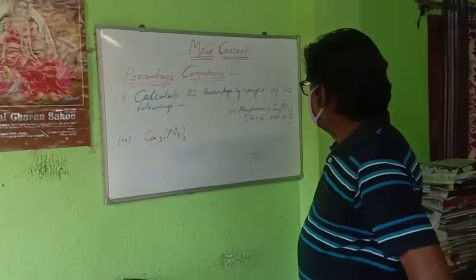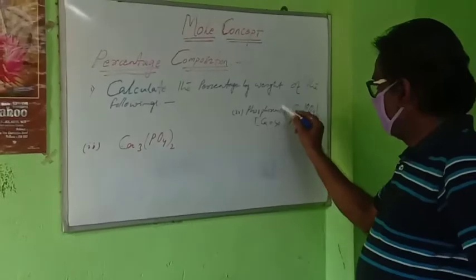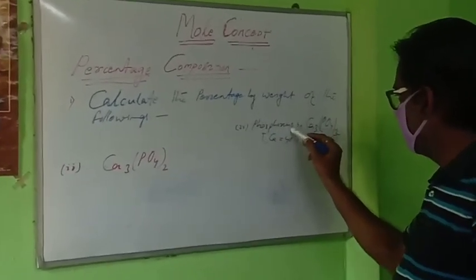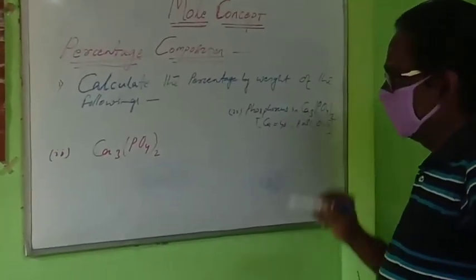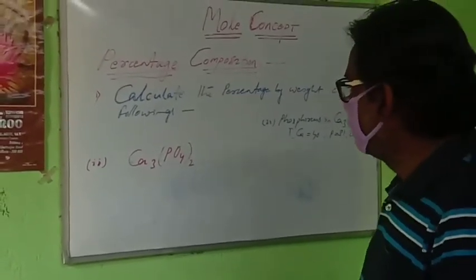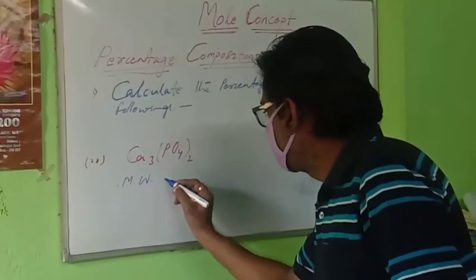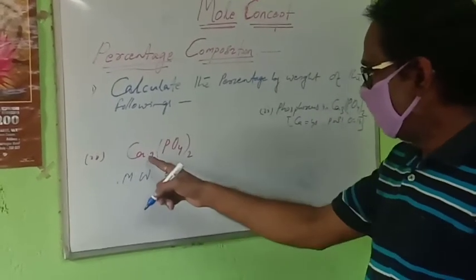Now I am going to find the percentage of phosphorus in calcium phosphate. First of all, you have to calculate the molecular weight. How many calcium atoms?